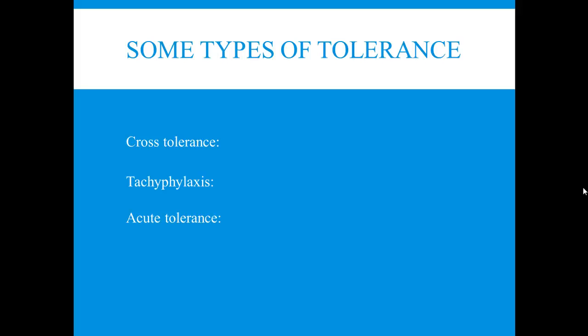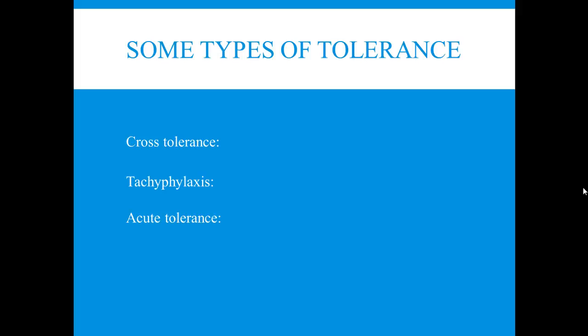Cross tolerance is tolerance across a class of drugs, but we're talking about the same effect. We're not talking about effect X of drug A and effect Y of drug B. So if tolerance develops to the effect of one drug, then it's likely that tolerance will also develop to the same effect of a closely related drug.